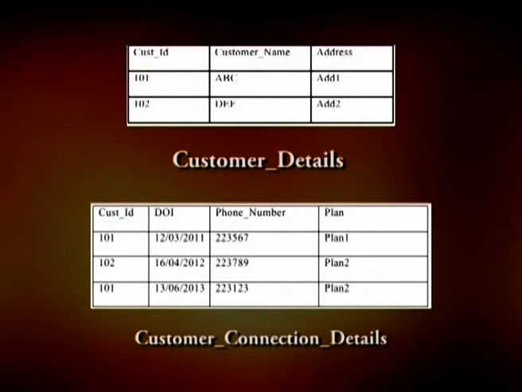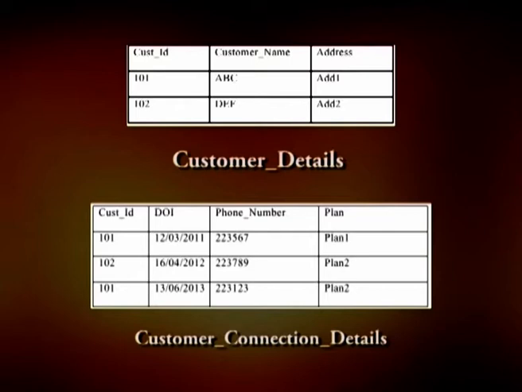In this table, cust ID with value 101 has multiple telephone connections whose information has been stored in the customer_connection_details table. Thus, some of the cust IDs in the customer_details table have multiple entries in the customer_connection_details table.